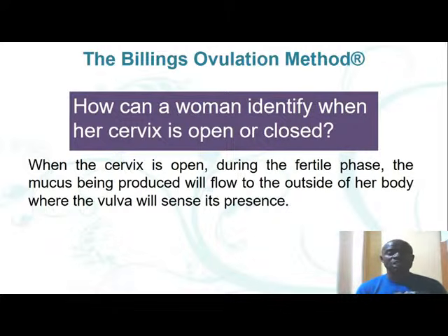But today I'm telling you, if you have decided to walk through the Billings Ovulation Method and you have made a commitment, you will be able to feel them and make the observation properly, because these things are there with you. These are what we call the natural signs of fertility.